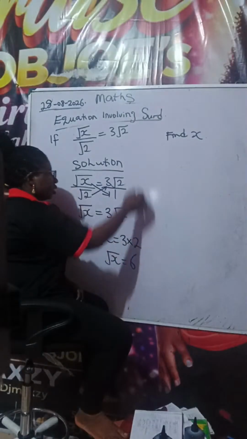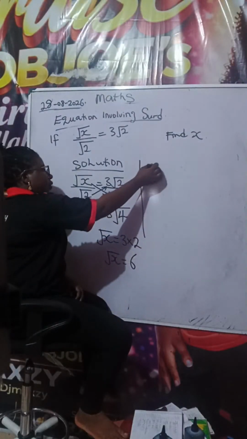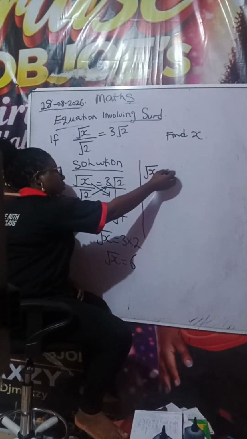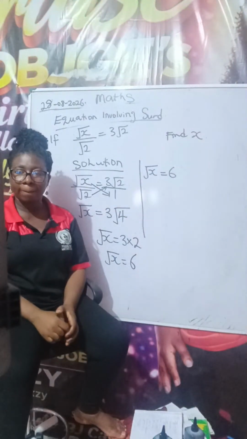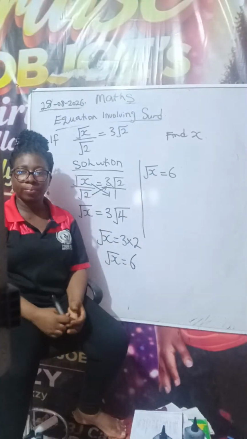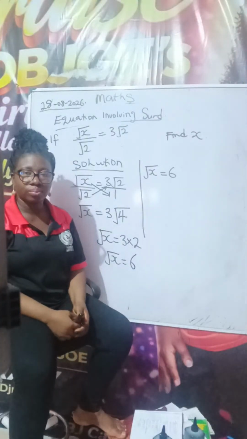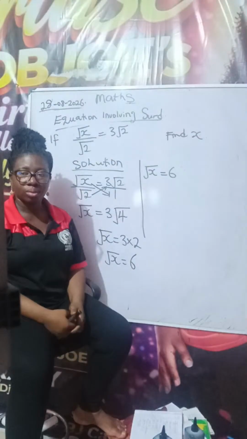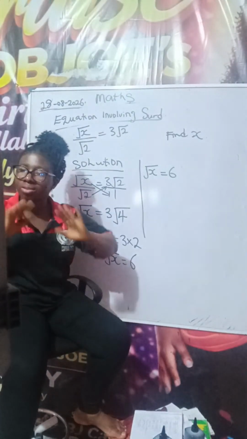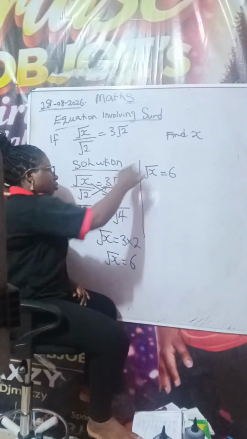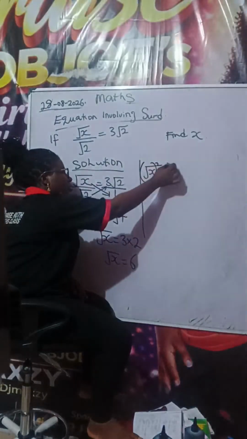Now, at this point, this is what is remaining. Look at it. We have root x is equals to 6. Then what do we do next? Square both sides. Exactly. Now at this point, we can square both sides. So you square here, you square here.